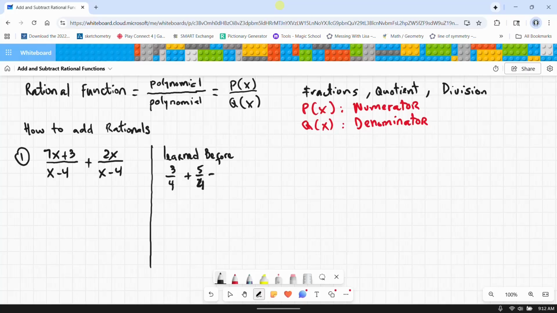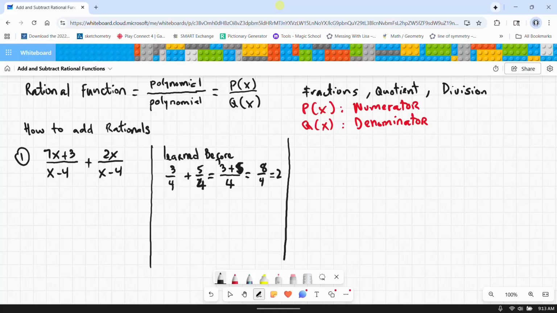When the denominators are the same, we keep the denominator and then we add the two numerators. So that's going to be 8/4, which is 2. That's what we learned before, so we are using the same concept of fractions in the rational.